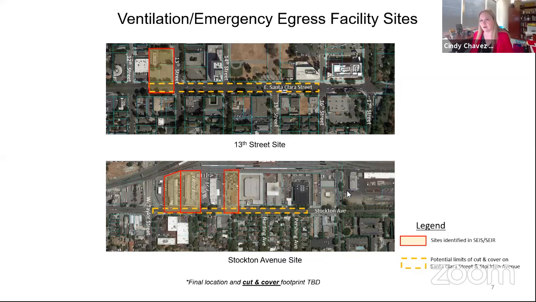And so as a request, I'd like to ask that the city of San Jose take a look at both locations with VTA now to look at what the possible impacts on those streets will be.